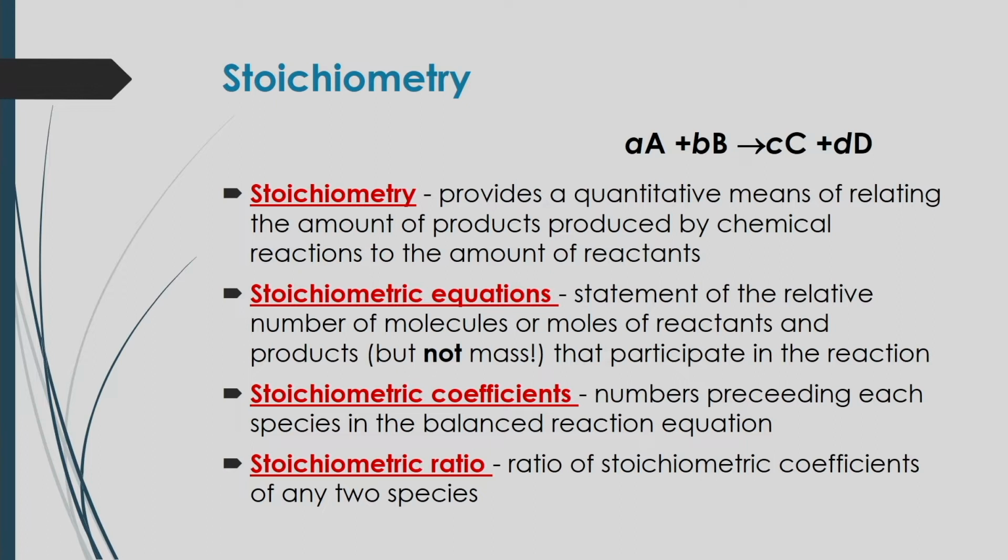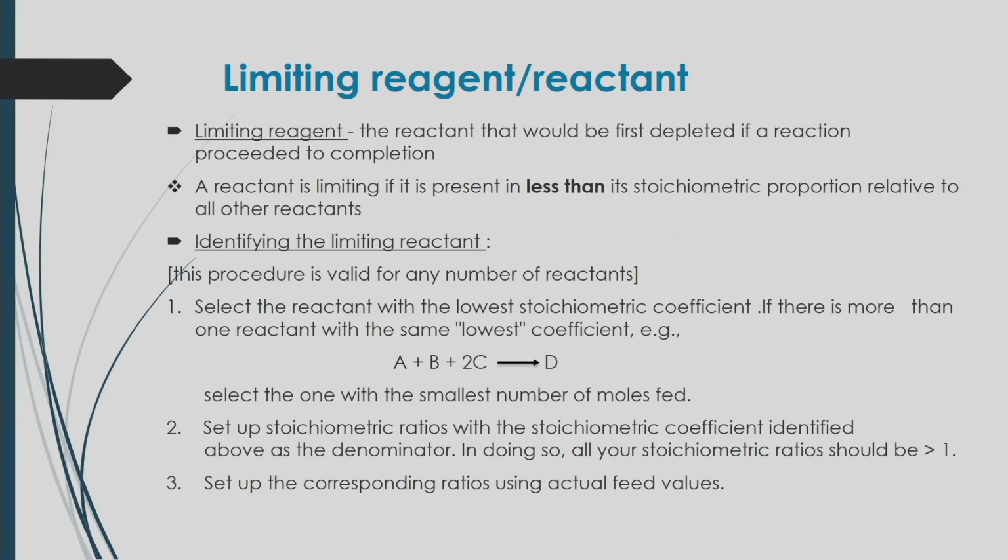And the coefficients are represented by the numbers preceding each species in the balanced reaction equation. And the stoichiometric ratio is the ratio of the stoichiometric coefficients of any two species. So, these are some terminology that you have to remember and understand.